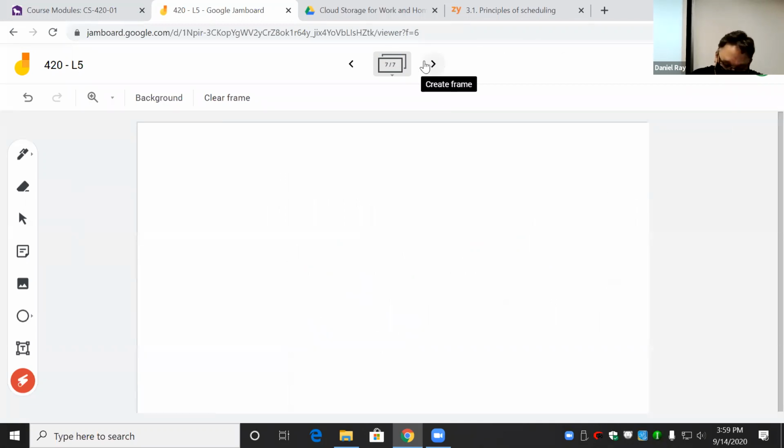I have a bunch of processes. Here they are. And the length of these boxes is relative to the amount of time, their total turnaround time.